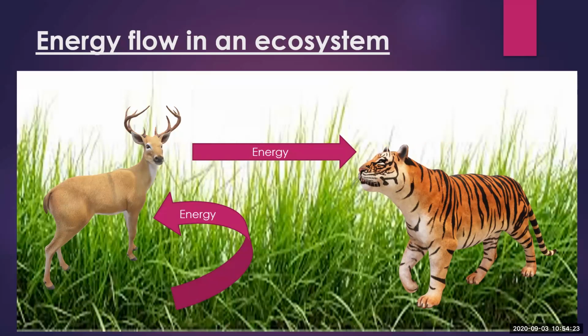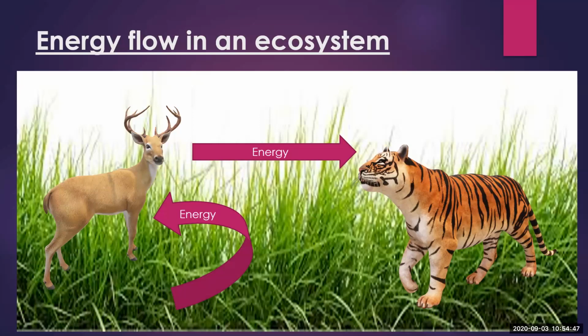Like from grass, it is transferred to the deer, and from the deer, it is transferred to the tiger. There is a transfer of energy in one direction only. The tiger will not be eaten by the grass. So it is not a cyclic form. It is a unidirectional way by which the energy is transferring.